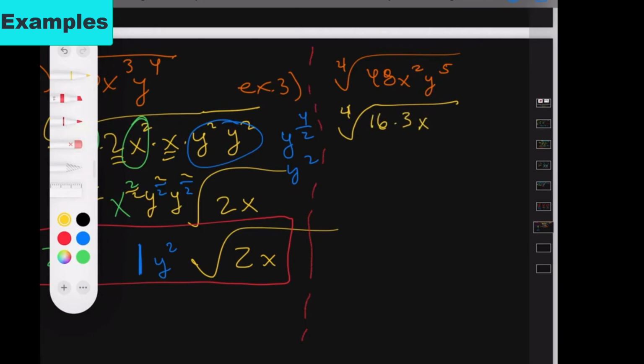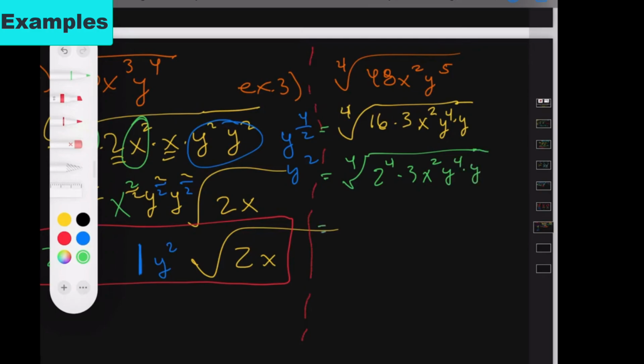I have this x squared, and this one could be y to the 4th times y. So I'm breaking them into factors to see if I can break it down a little bit more. So 16 would be 2 to the 4th power times 3 times x squared y to the 4th times y.